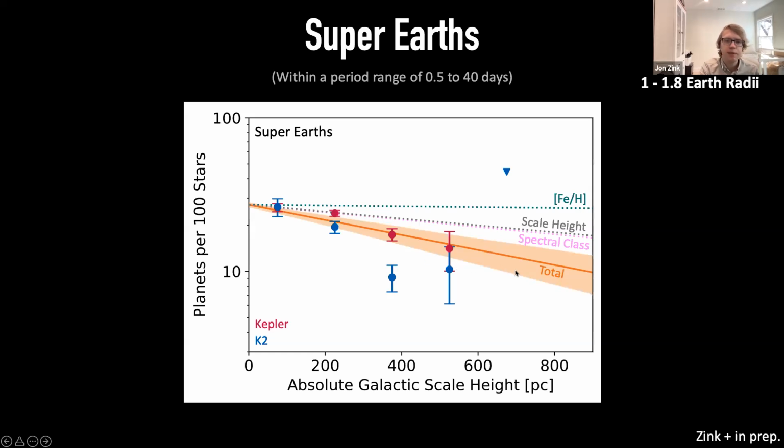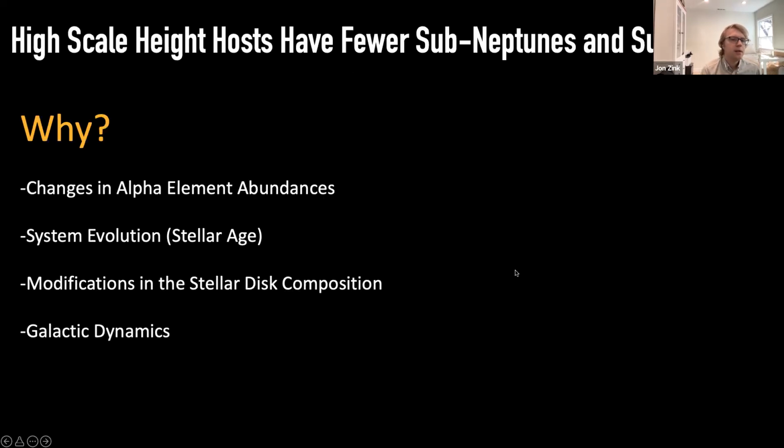That's an interesting finding, because it seems to indicate that as we get away from the midplane, the occurrence of sub-Neptunes and super Earths decreases. And why might this be the case? This is a little counterintuitive, because I was alluding that alpha element enhancement may increase sub-Neptunes and super Earths. So it's a little surprising that we're seeing this downward trend.